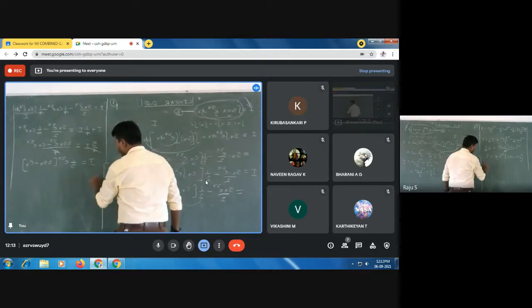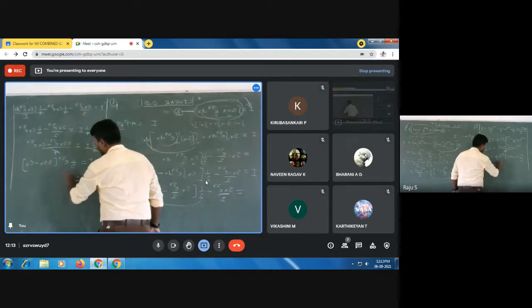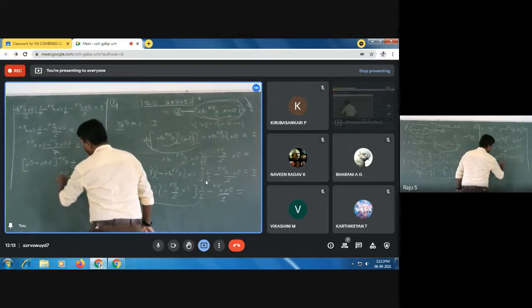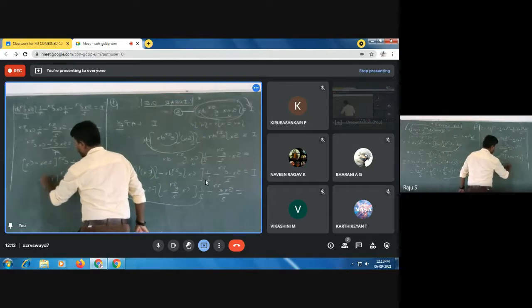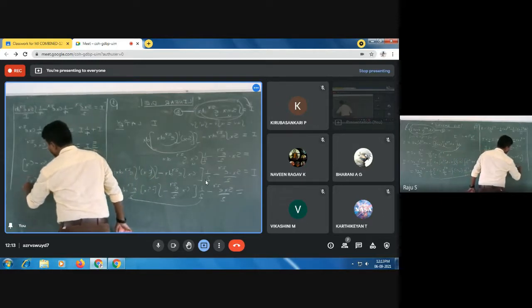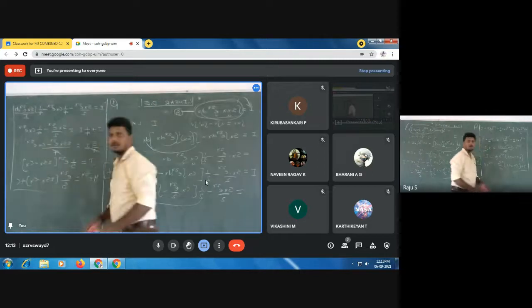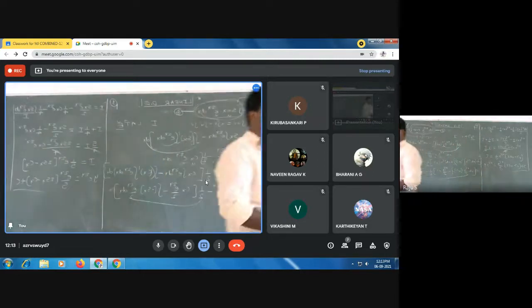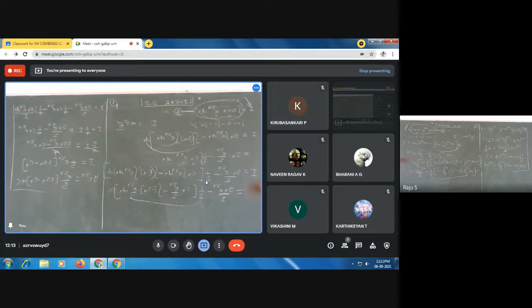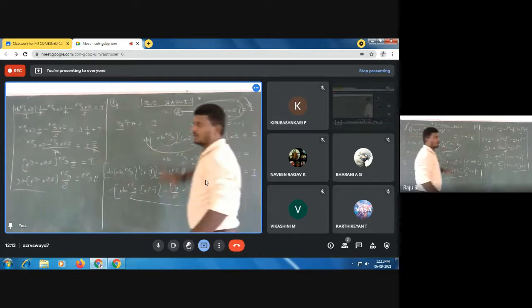So finally y into e power 2x is equal to e power 2x by 2 sin x minus cos x plus, the same answer we got. You can check the answer. Twice we need to apply the UV rule.